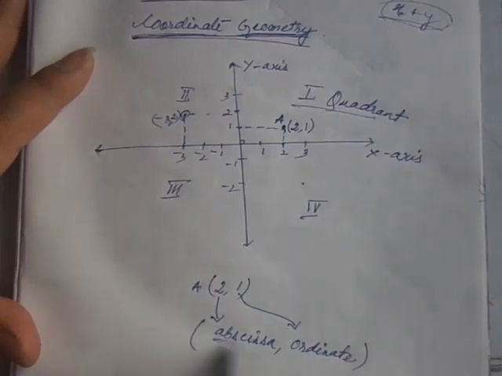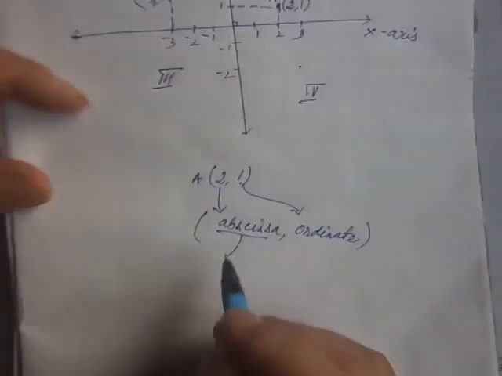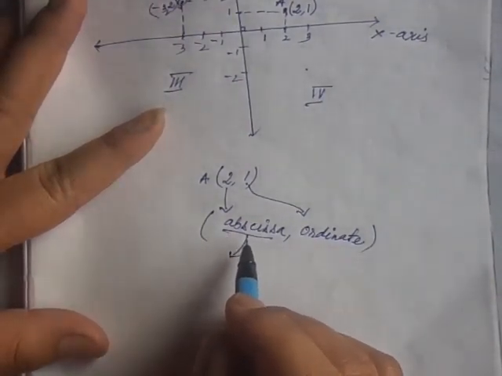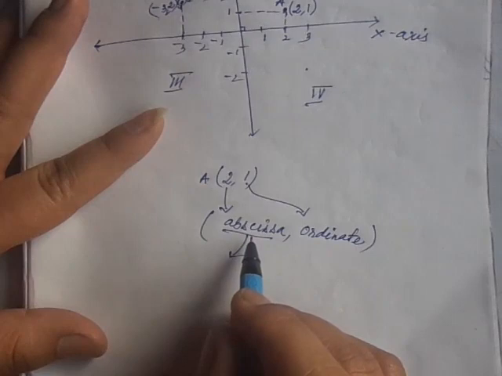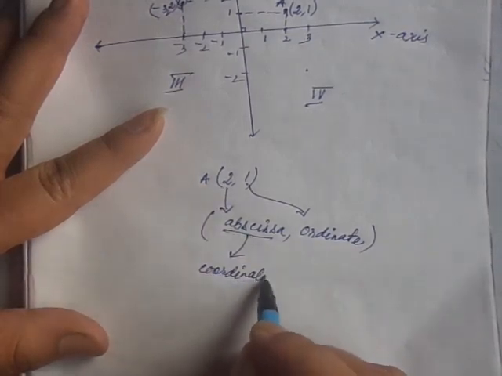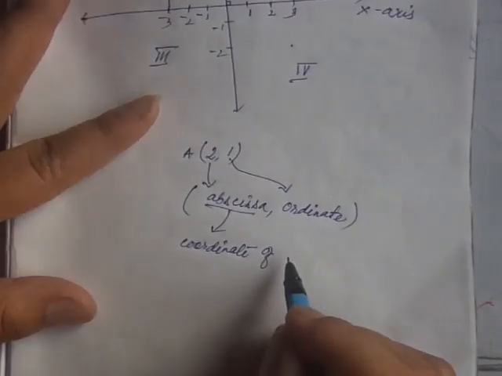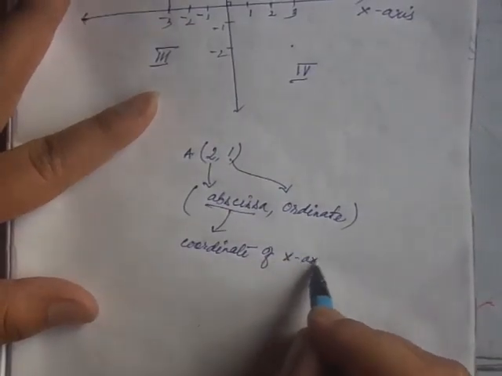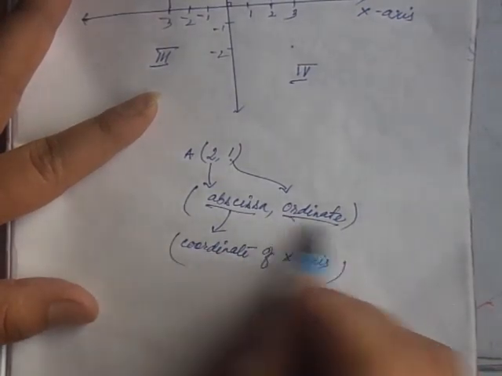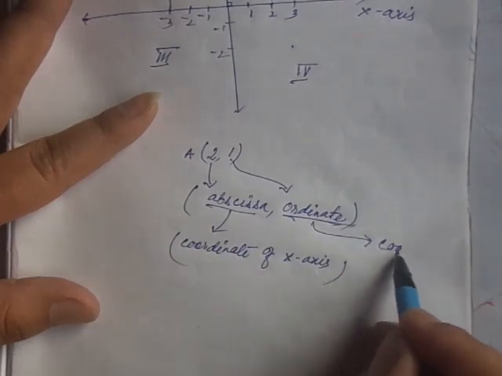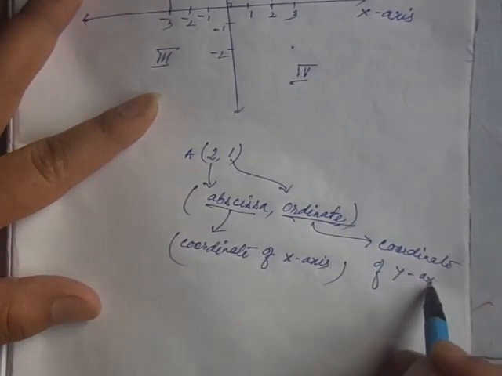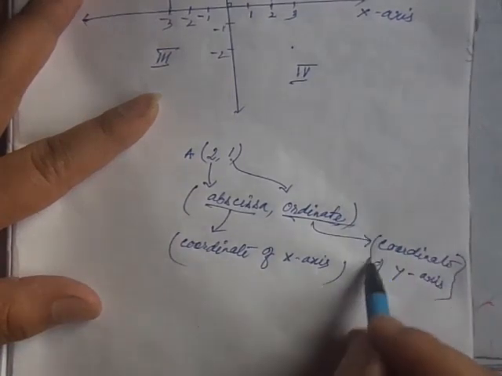So the abscissa is also called the coordinate of x-axis, okay? And the second one, this ordinate, is the coordinate of y-axis, okay? So you need this, don't forget.